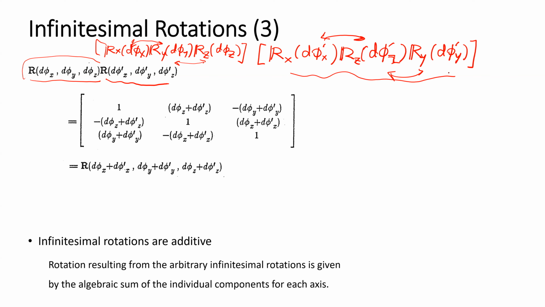But what can we see when we multiply the two rotation matrices? That is the effect of rotation about x, y, z. Maybe rotation about y, z, x, or z, x, y, not depending on the order. But the important thing is the angle that it rotates about that axis.